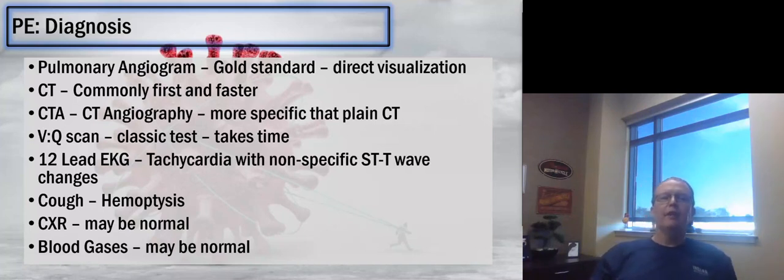Now, the challenge there is while this is the gold standard, it does take time for this to happen. You have to have an interventional radiologist available. So if it's after hours, someone has to come in. You have to get the room prepared. You have to get the patient prepared, get vascular access, et cetera.